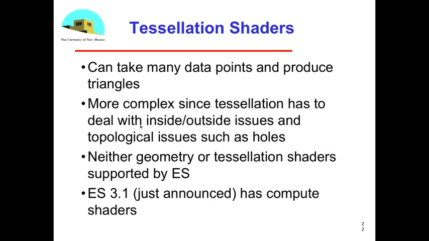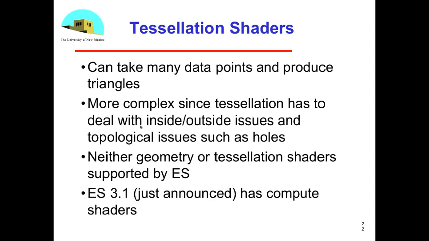Now, what's happened recently is the advent of another type of shader called a compute shader, which is not like any of the other shaders at all. It's essentially a compute engine which can use the power of the GPU. Remember, we were talking about the GPU. Well, knowing that I have this tremendous floating point capability on the GPU, I'd like to send it over to do some computations that could then possibly result in some geometry.